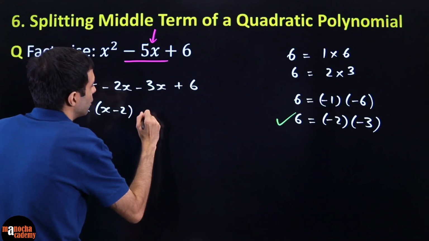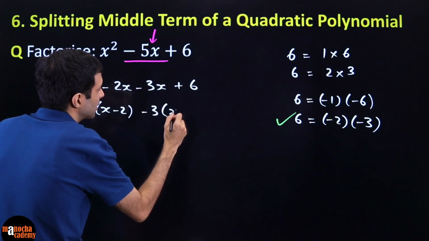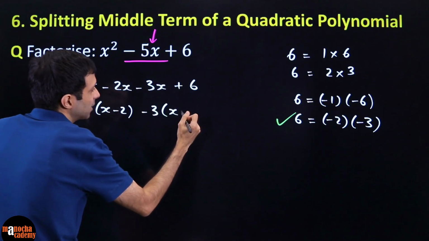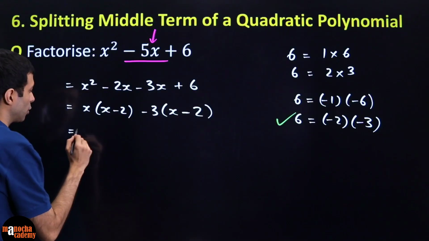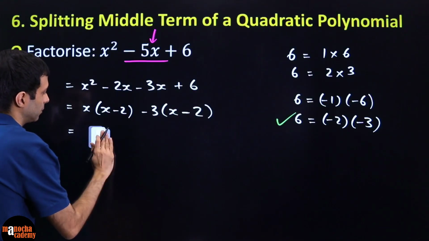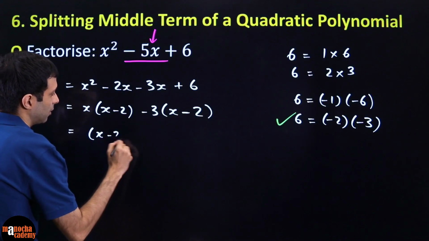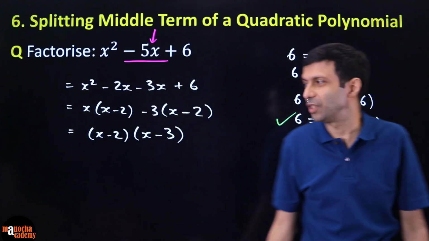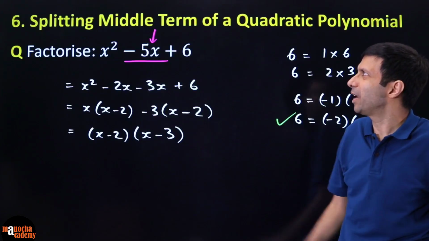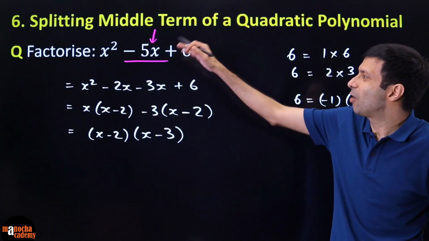Here 3 is common, so minus 3 times x, and minus minus is plus, so minus 2. Now you can see x minus 2 is common, times x minus 3. Did you see, with this middle term breaking magic, we have found the factors.